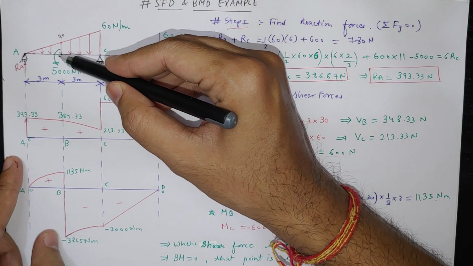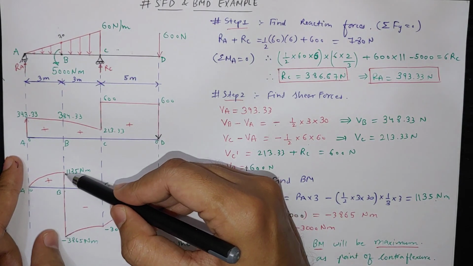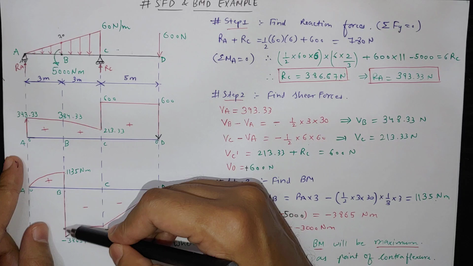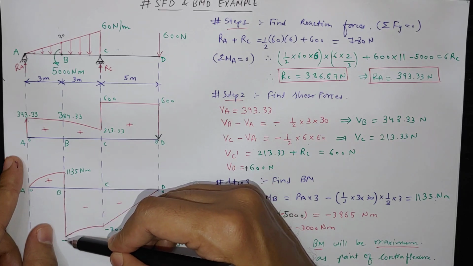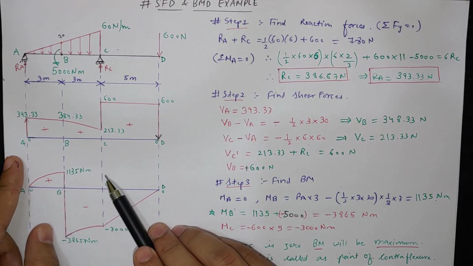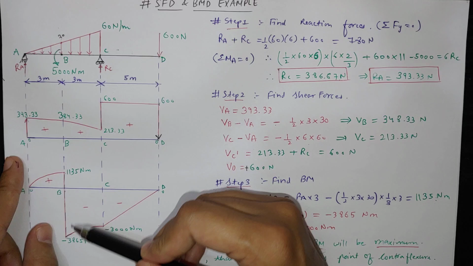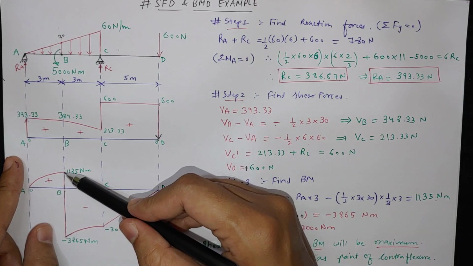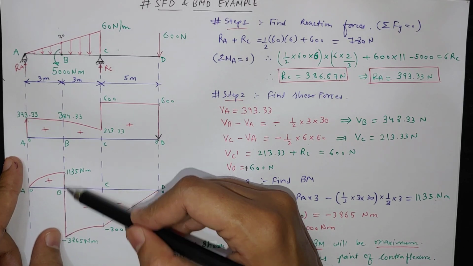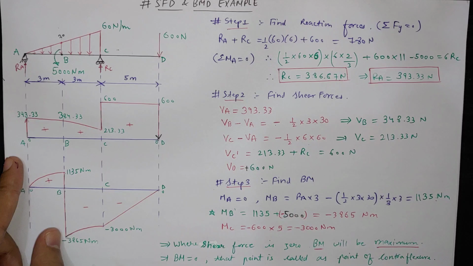Just the minus 5000 Newton meter acting at B point is breaking it, otherwise it would continue till the C point. So both these curves are continuous and separated by this minus 5000.